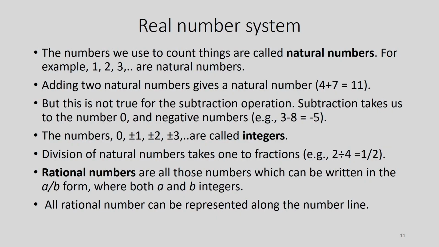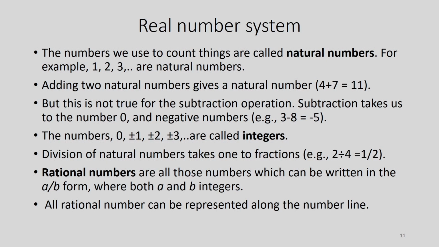Okay? So, then we come to what is known as rational numbers. Rational numbers will now include the fractions. Rational numbers are all those numbers which can be written in the form of a divided by b, where a and b both are integers.